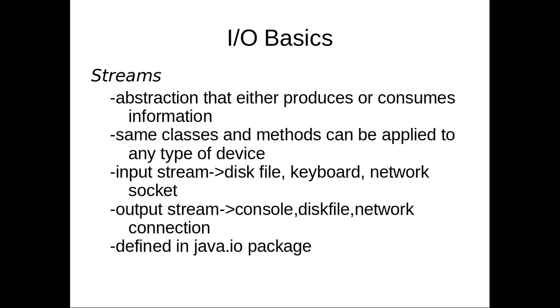For example, for an input stream, whether it is a disk file, a keyboard, or a network socket, all the accessories which are connected to a CPU can be treated as input streams.